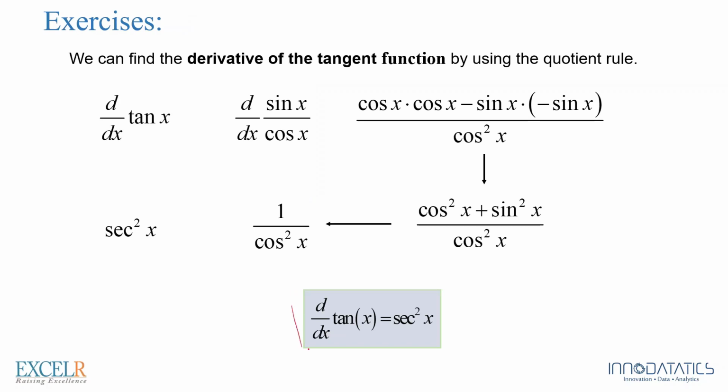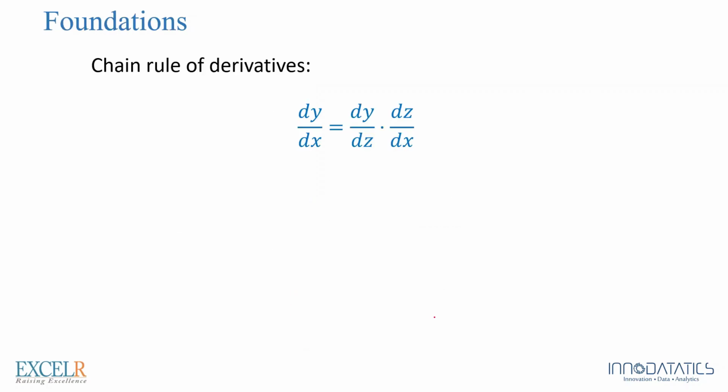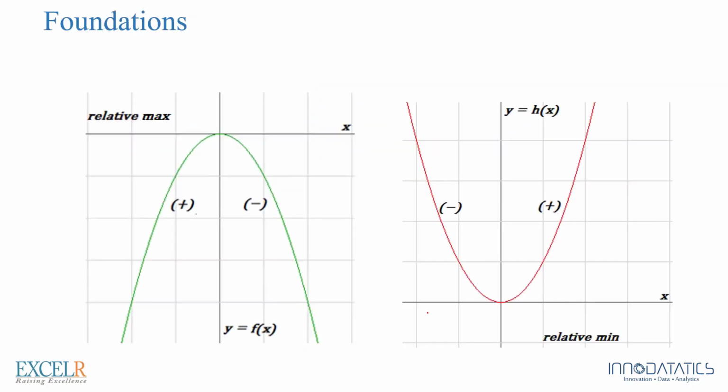Then derivative of tan is secant square x, chain rule and all that. Then for any given function, you want to find out what are the critical points and whether those critical points are maxima or minima, right?